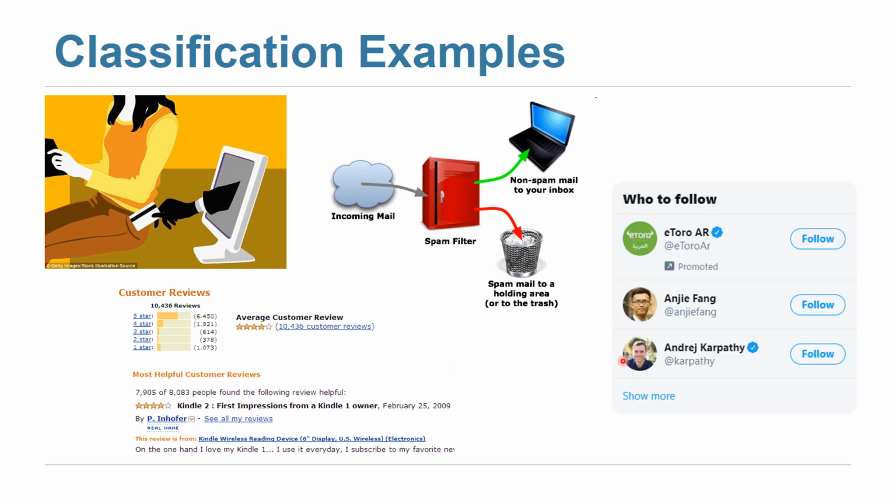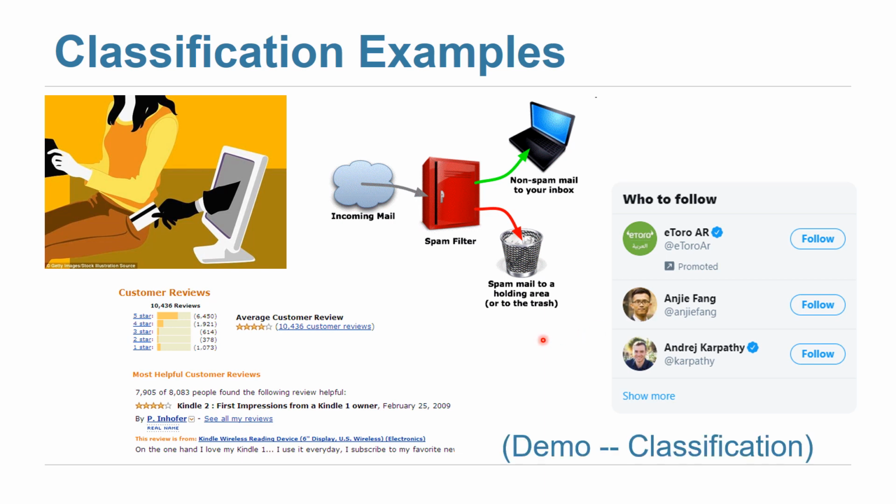Another example is friend recommendation on Facebook or Twitter. Here we build a classifier to tell us whether, for example, this person we should follow or not. The classifier can say whether this can be a good candidate to be followed or not for the specific user. So all of these are examples of classification.